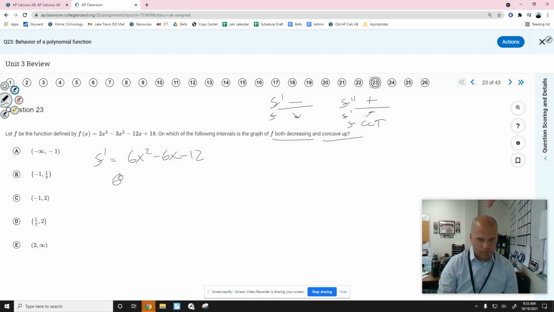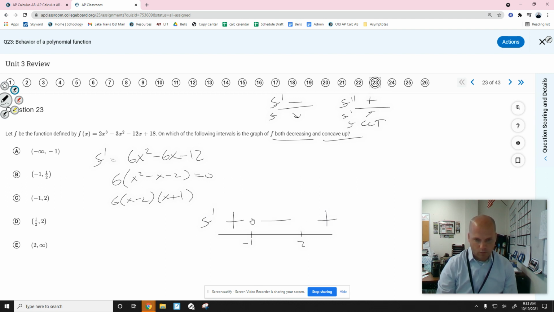Here's your first derivative, factor out a 6, factor this. Here's my first derivative, sign analysis, centered at -1 and 2. Positive, negative, positive. So between -1 and 2, I'm decreasing. Let's look at our second derivative, 12x minus 6.